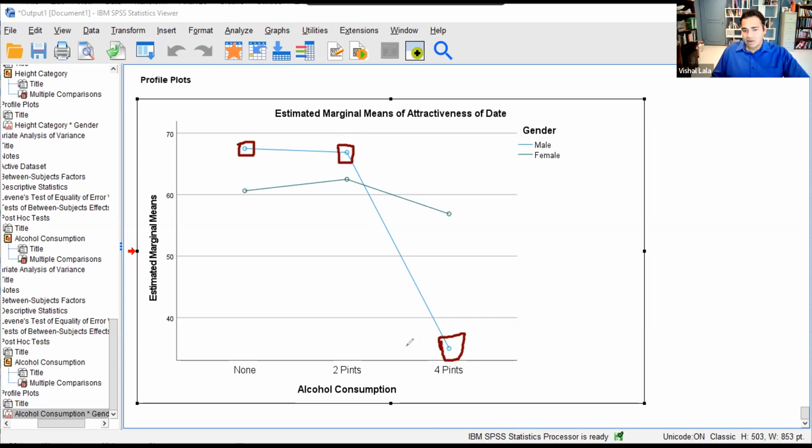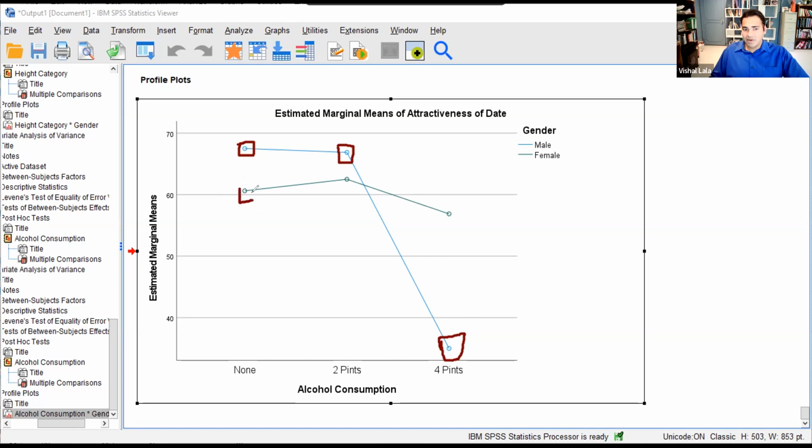they're just going off a cliff, right? At 4 pints of beer, they're talking to pretty much anybody, right? The attractiveness of date is much lower at 4 pints of beer than at none or 2 pints. That's the beer goggles effect. We already know that. But what about females?